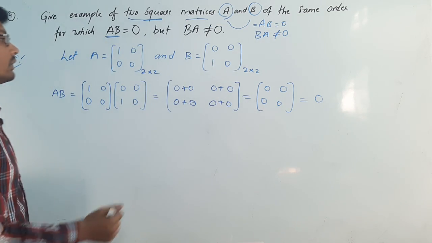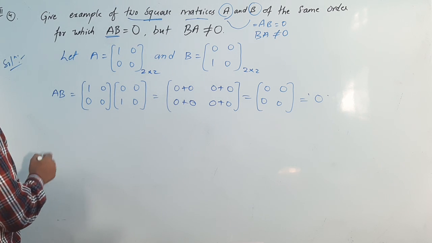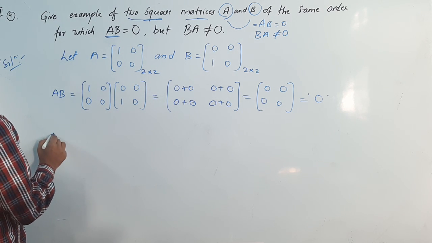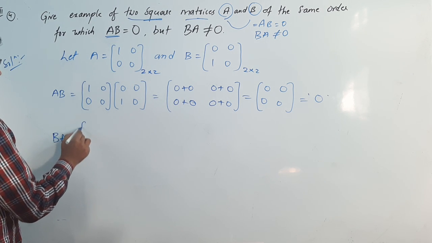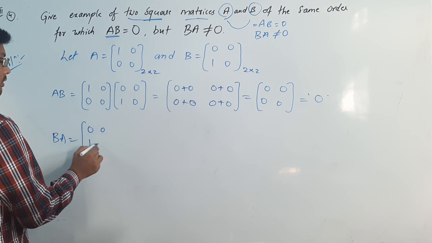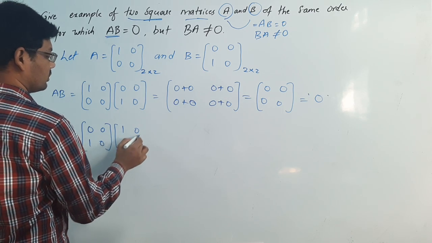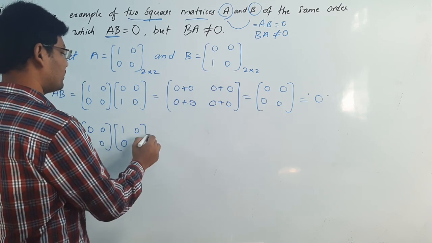Then we can say this is a null matrix of order 2. This is O here, and let's find BA, B into A. I am taking the B matrix 0 0 1 0 and 1 0 0 0, and let's multiply.